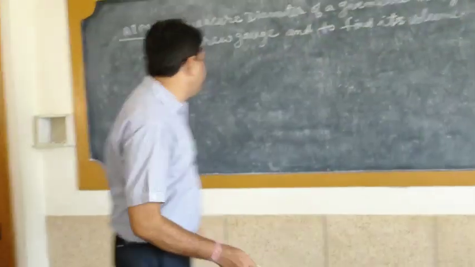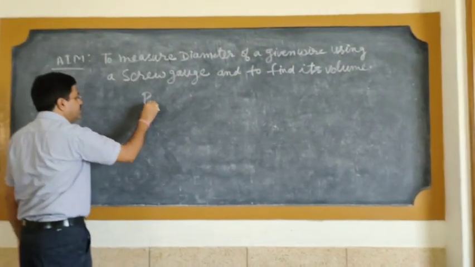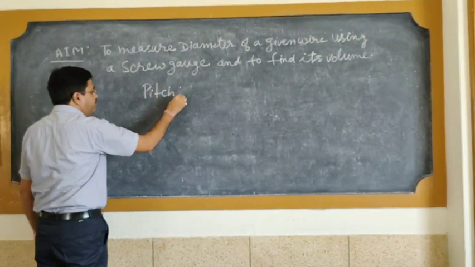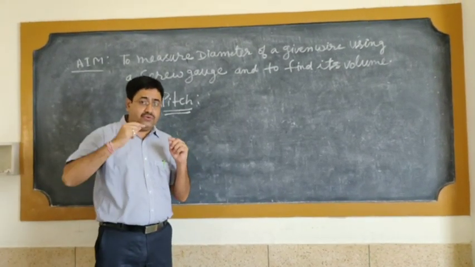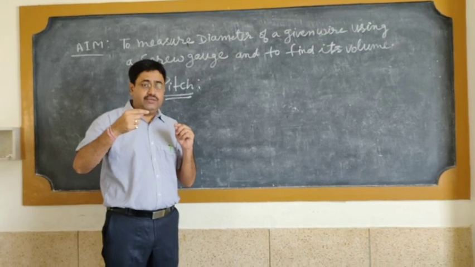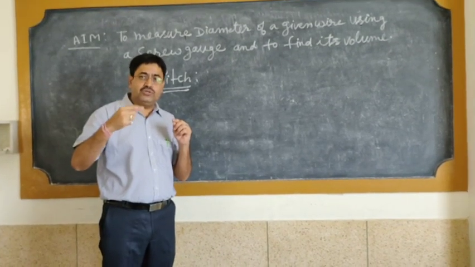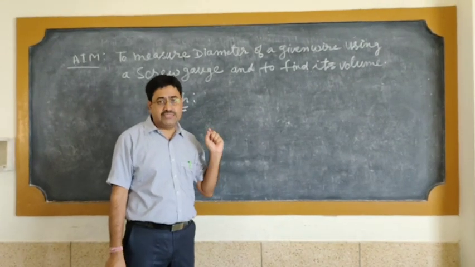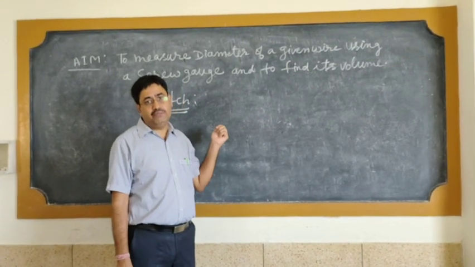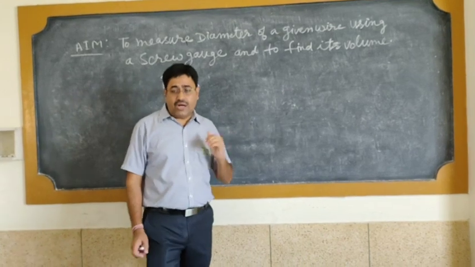Now come to the point. If I am talking about the pitch, the word pitch means the distance covered on the main scale when we give one complete rotation to the circular scale, which is 1 mm, and it is called pitch. Now how do we find the least count?